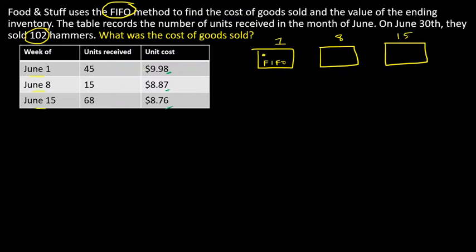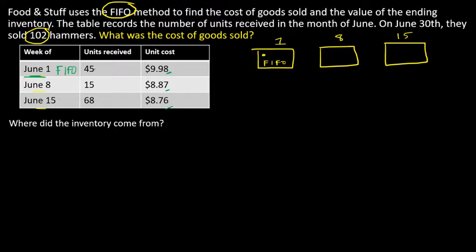So the first thing we have to figure out is, where does this inventory come from, these 102 hammers? Remember, if someone walked in and said, hey, I want 102 hammers, the first box I'm going to look into is my June 1st box, because this is the first in, first out method, okay? This was the first inventory in, so it's the first inventory out, the first inventory I sell.